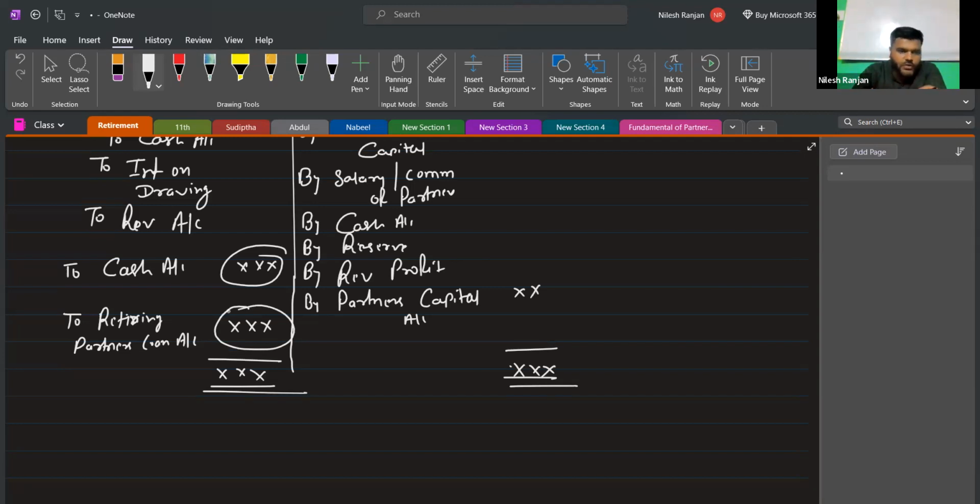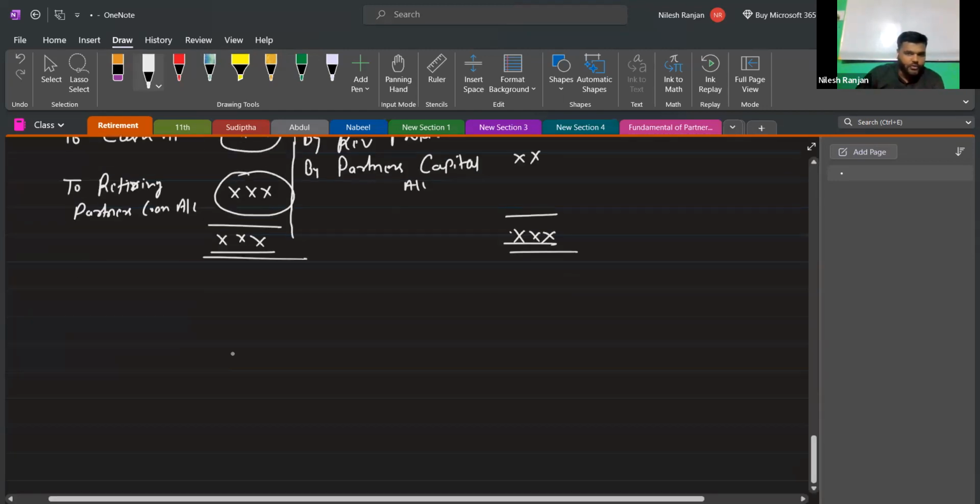So there is no different procedure, the same procedure, just a difference of name in both cases. If the amount is paid right now, it will be transferred to cash account. And if it is not paid, carried forward as loan, then retiring partner's loan account or executor's loan.